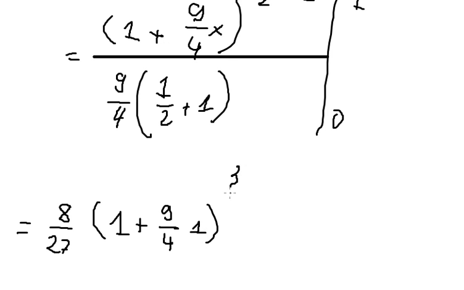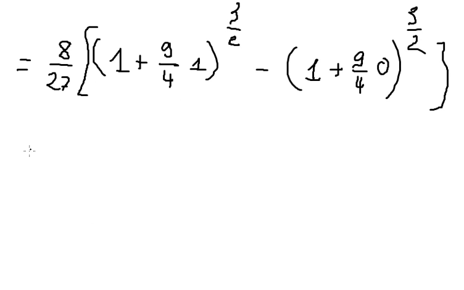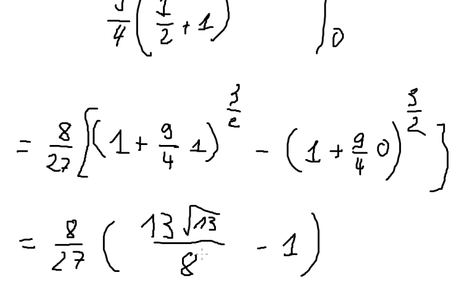This is 3 over 2, minus, we have 1 plus 9 over 4, and number 0 goes in here, and we have 3 over 2. And this one we got the final answer. And this is the final answer.